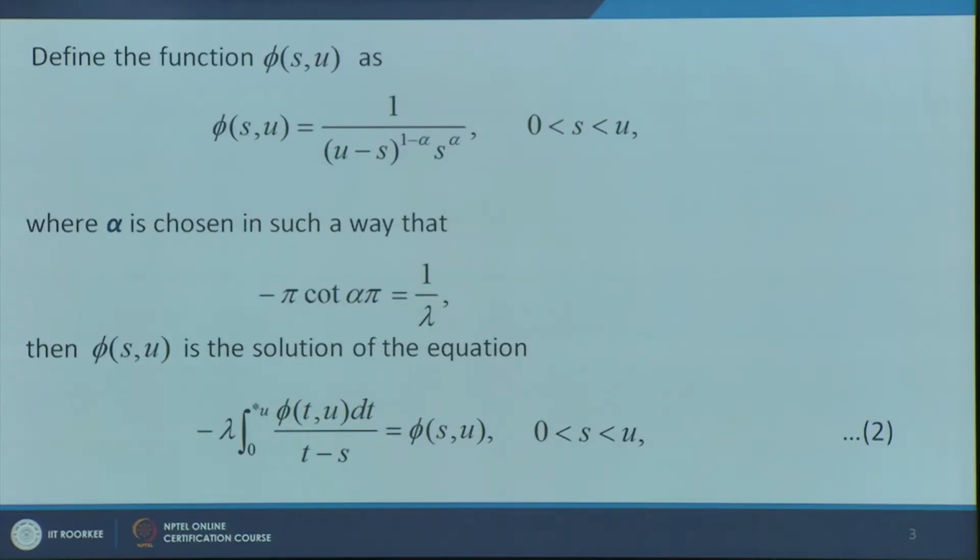Now, in equation 2 we have minus lambda integral 0 to u phi(t,u) dt over t minus s equal to phi(s,u). So, let us interchange s and t here.